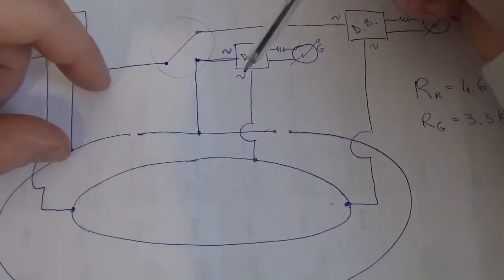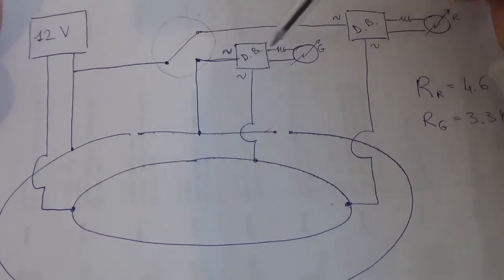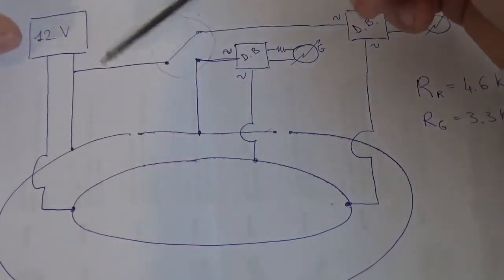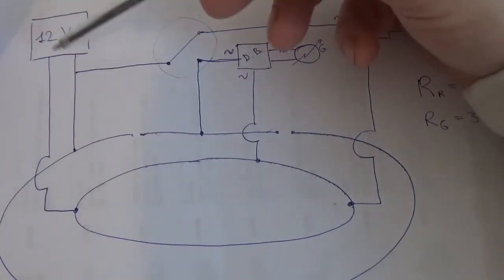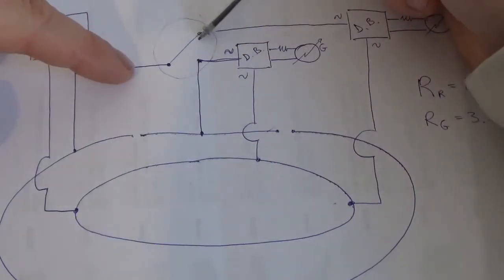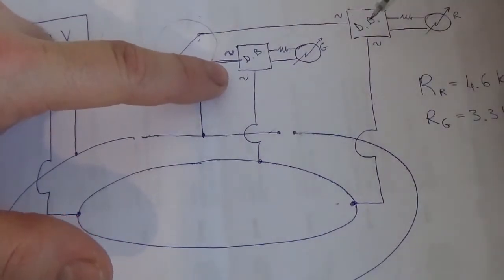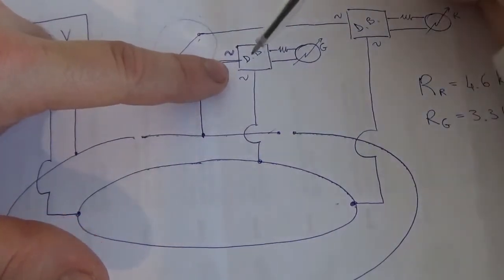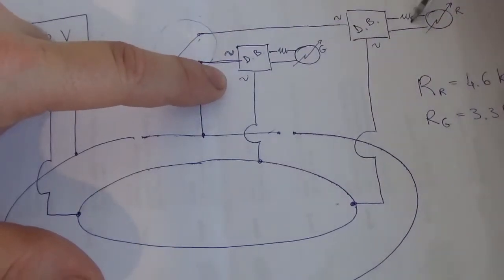These are the considerations. Just very briefly, I'm going to tell you what these symbols mean, and then we're going to move to the analysis of the circuit. This 12 volt here represents the power supply, the 12 volt transformer, and this is the main switch, as I already said. These DBs here mean diode bridges. There are 2 of them, each one connected to one of the LEDs.